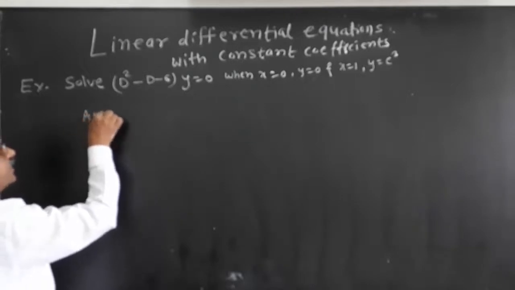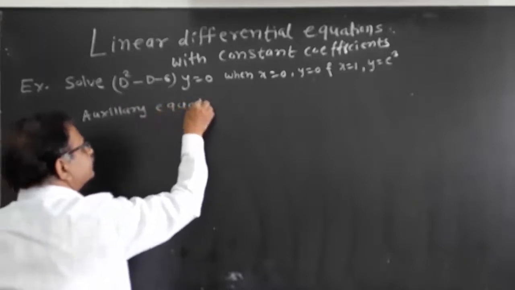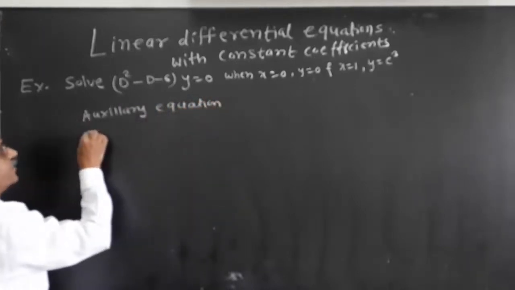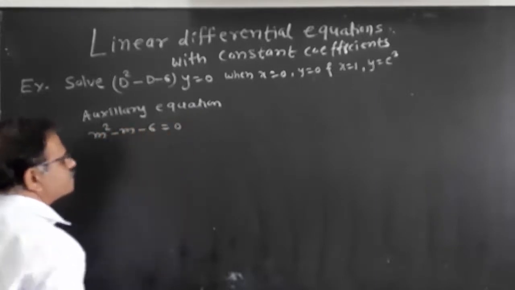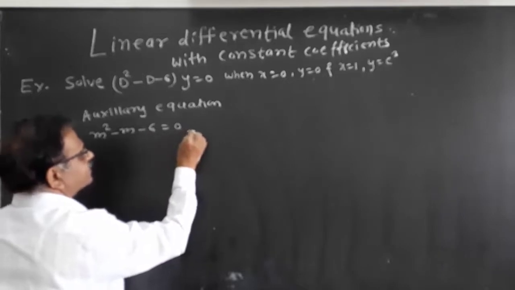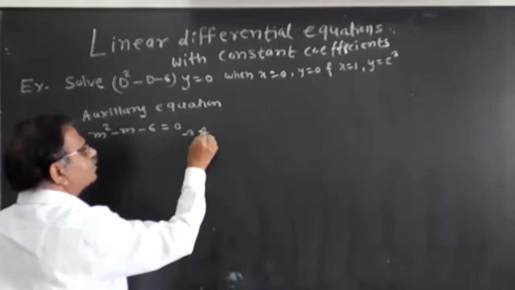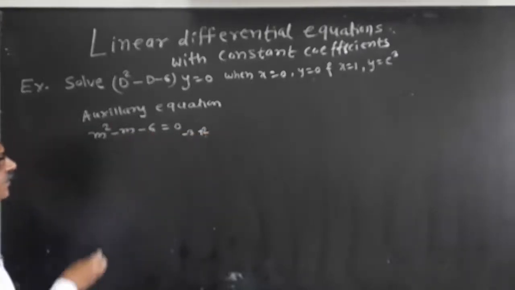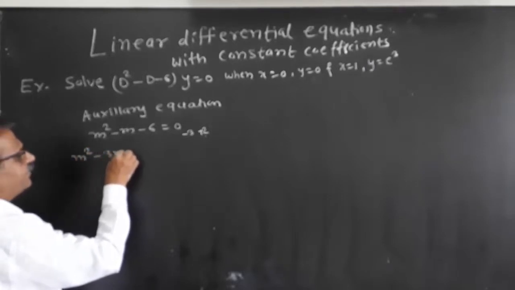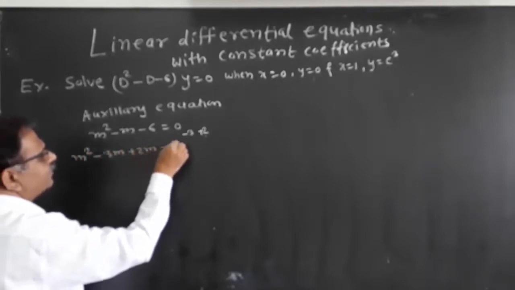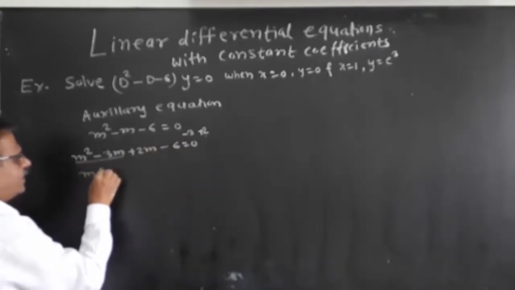Its auxiliary equation is m square minus m minus 6 equal to 0. 6 has factors 3 and 2, and minus 3 plus 2 equal to minus 1. Therefore this can be written as m square minus 3m plus 2m minus 6 equal to 0. From this I can take m common.